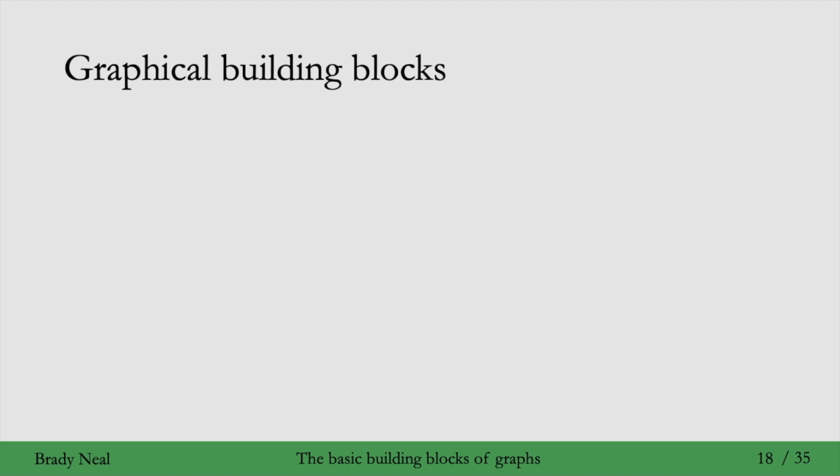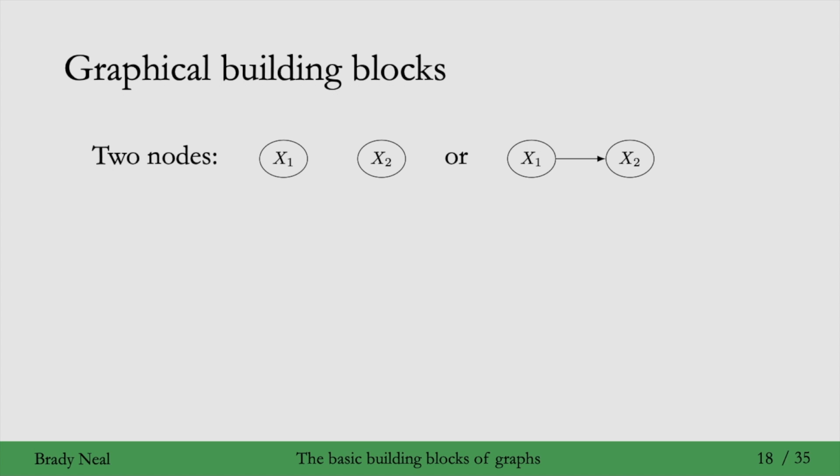All right, so a general directed graph can be composed of a few different building blocks. The first is just two nodes that are not connected. The second is just drawing an edge between two nodes. So you can think of these two-node graphs as the base cases.